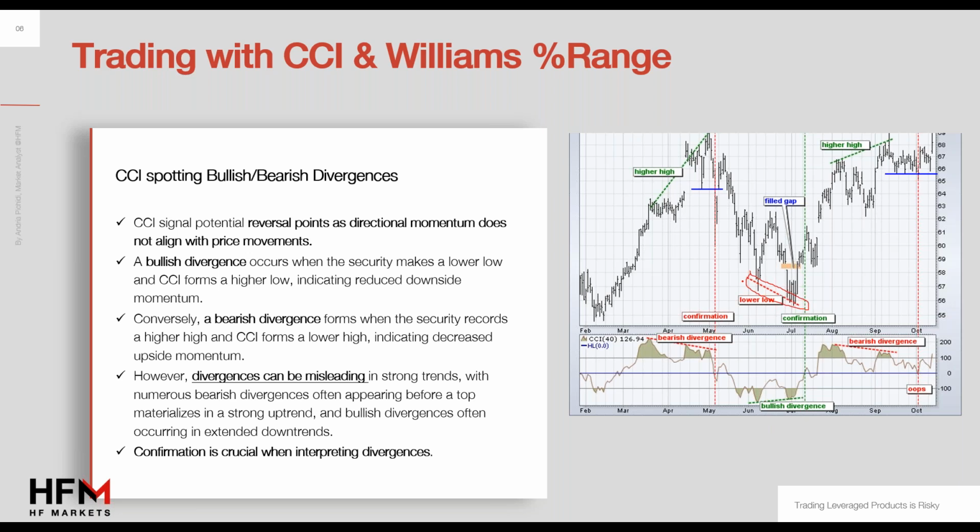However, at the exact same time period, we can see that our indicator, in this case the CCI, has formed a higher low. So they're moving in the exact opposite direction. So this is a bullish divergence, which actually shows less downside momentum.